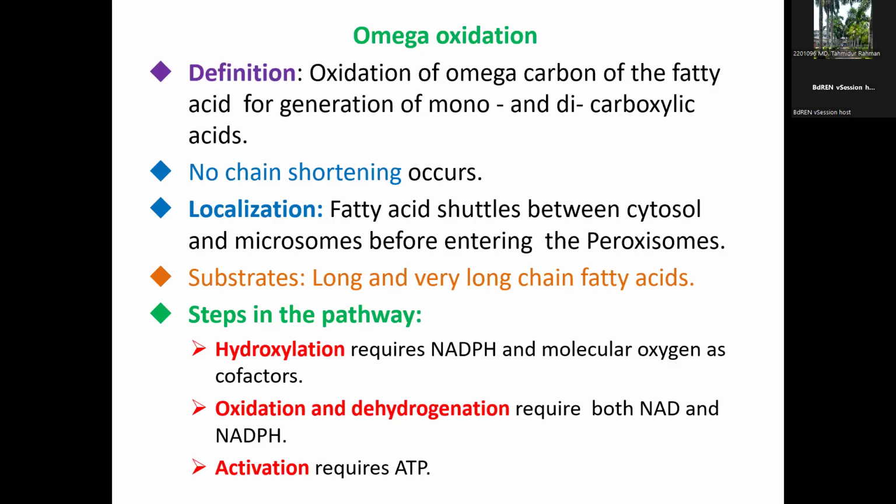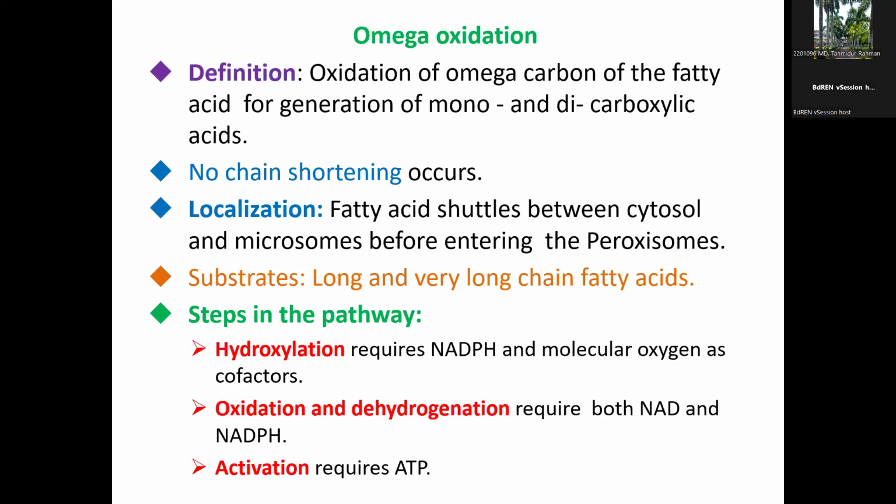The oxidation of the omega carbon of the fatty acids for generation of mono or dicarboxylic acid is called omega oxidation. In our previous beta oxidation, we observed that the carbon chains are shortened for the production of butyryl coenzyme A, propionyl coenzyme A, and acetyl coenzyme A. But here, no chain shortening will be observed.